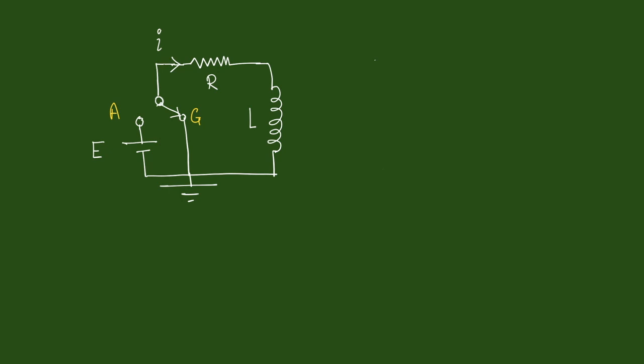Thus, now at time t equal to 0, the current in the circuit will be equal to E upon R. As voltage source is now removed from the circuit, the current should drop to 0. That means again the inductor will suddenly find change in current flowing through it and will develop a back EMF to oppose that change in current.